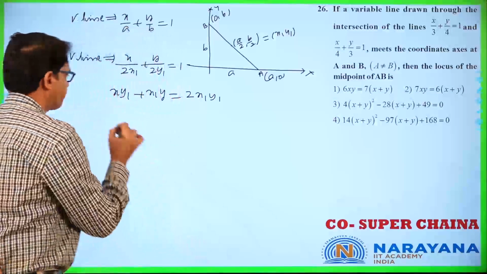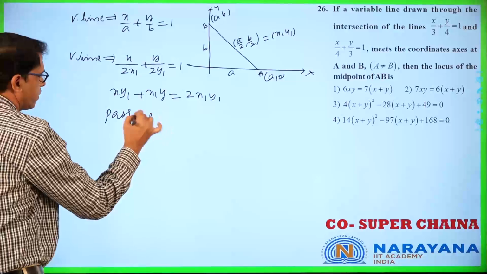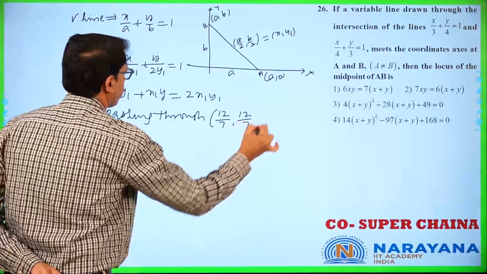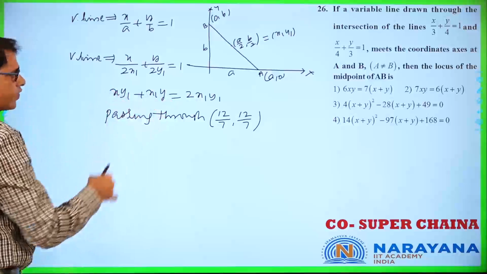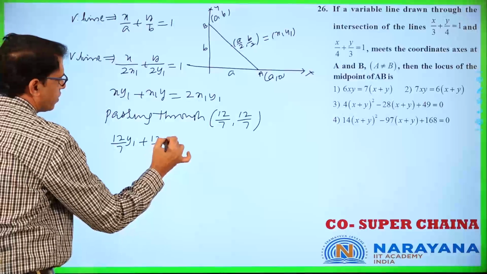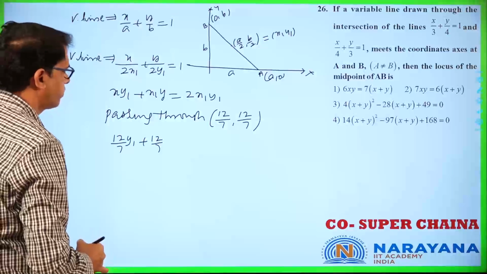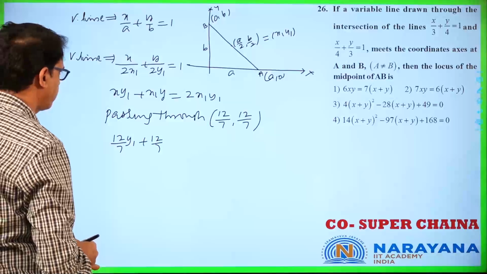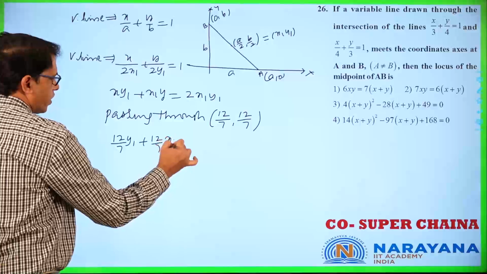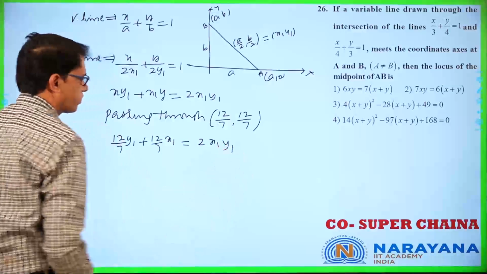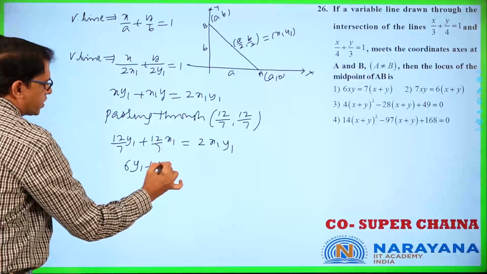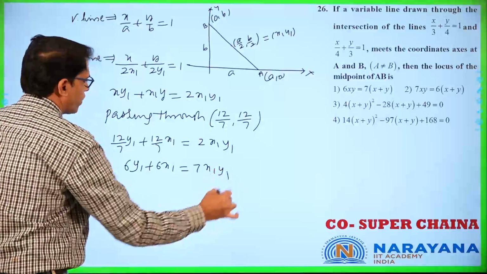So it passes through the point 12/7 comma 12/7. Apply in the place of x and y: 12/7 y1 plus 12/7 into x1 equals 2x1 y1. So 2 cancels out, take 7 to the other side. So 6y1 plus 6x1 equals 7x1 y1.